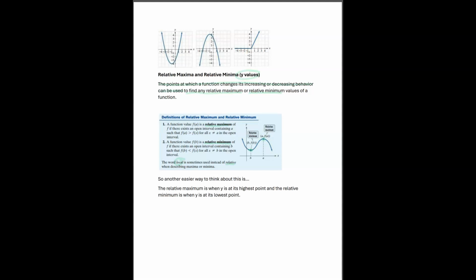So another easier way to think about this is the relative maximum is when y is at its highest point, and the relative minimum is when y is at its lowest point. I always try to do some little simple Shelley speak that takes all of the math speak and waters it down to where it's something easier to understand, or it is for me anyways. I hope it is for you. I call it my simple speak.